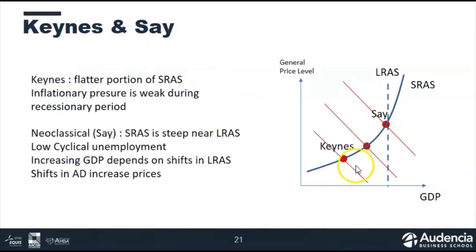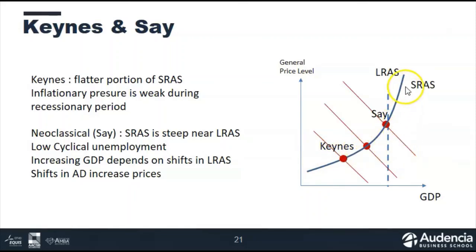Last word I want to let you know is that this curved short-run aggregate supply integrates the neoclassical and Keynesian approach, supply side and demand side. The demand side part of the curve is down on the bottom here, where I've written Keynes' name. This is the flatter portion of short-run aggregate supply, and we can see that we can increase demand without having huge increases in prices.